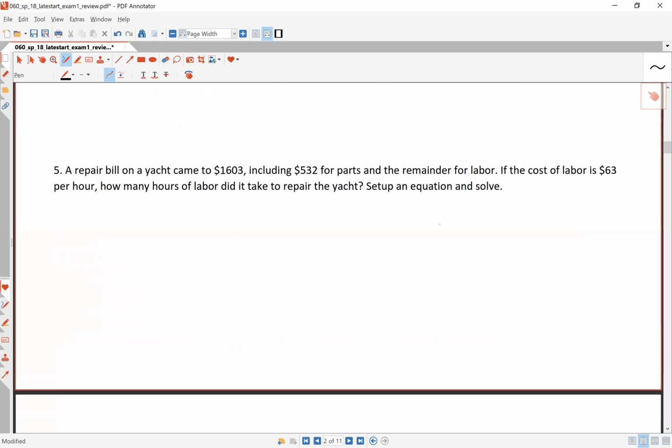Number 5 says a repair bill on a yacht came to $1,603. So the total of the repair bill was $532 for parts and the remainder for labor. So parts plus labor equals the total bill. And the labor is 63 per hour.